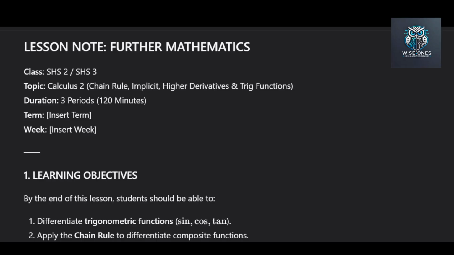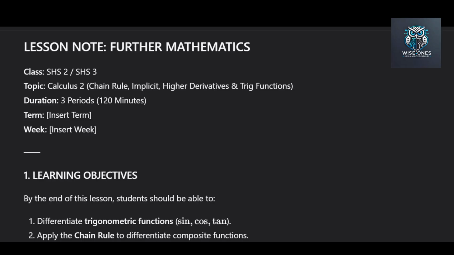Let us look at what we want to achieve by the end of this lesson. These are our learning objectives. By the time we finish, you should be able to differentiate trigonometric functions like sine, cosine, and tangent. You will learn how to apply the chain rule to differentiate composite functions. You will learn how to perform implicit differentiation on equations where y is not isolated.